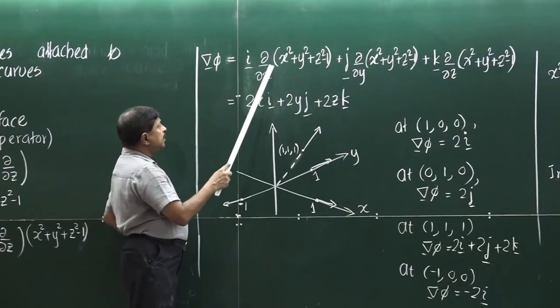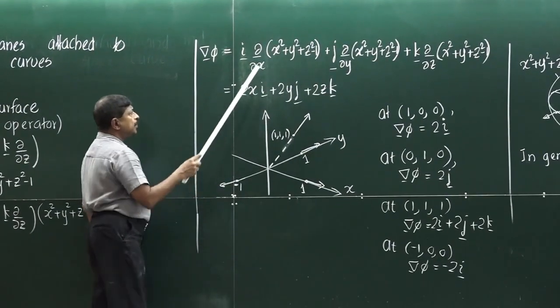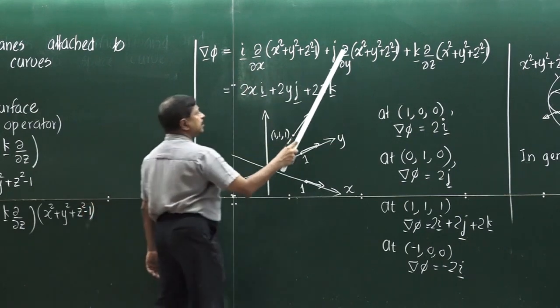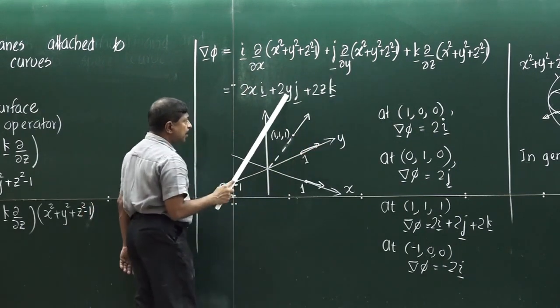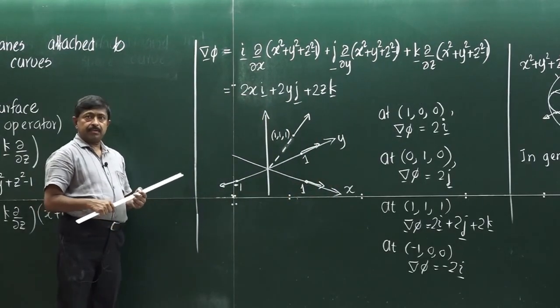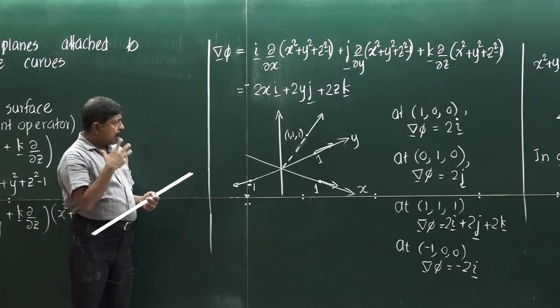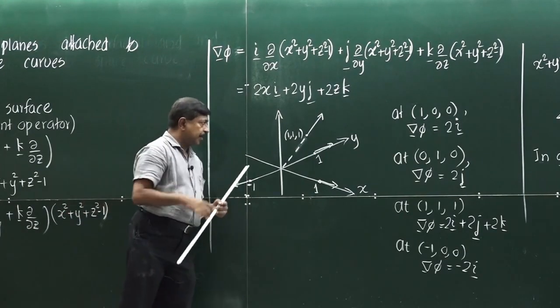When you partially differentiate this function, you get 2x, in the second term you get 2y, and here you get 2z. So, you get a vector. Grad phi is a vector. Now, we will see what it is and how we can interpret it.